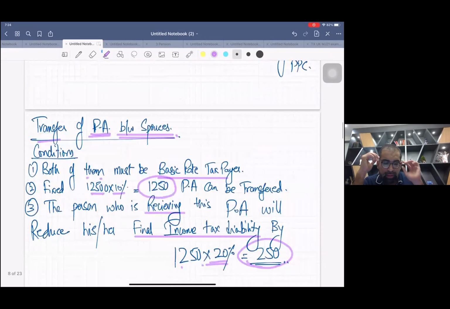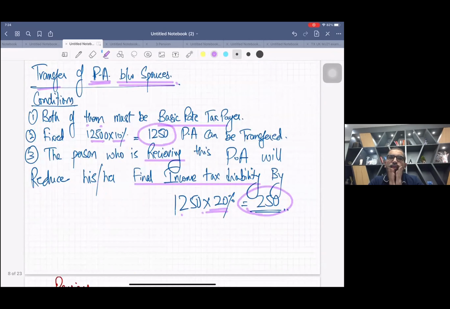Now, there is a small topic, I'm sure you are aware of it: the transfer of personal allowance between spouses, between husband and wife. It happens sometimes that the husband or wife has unused personal allowance because of less income.